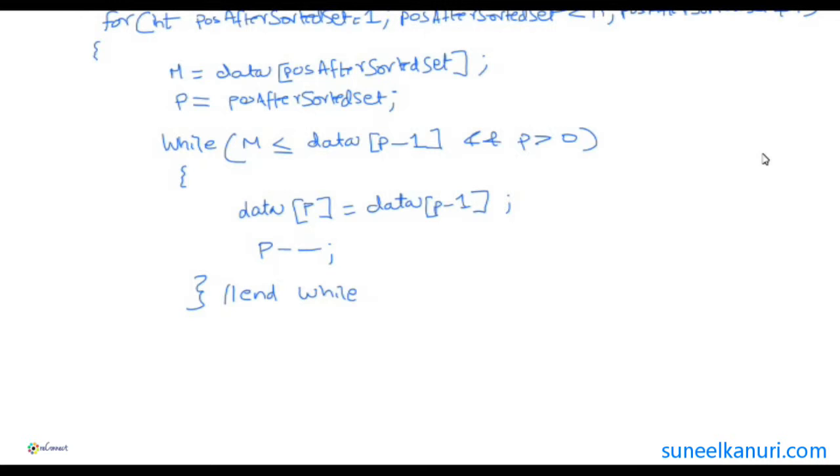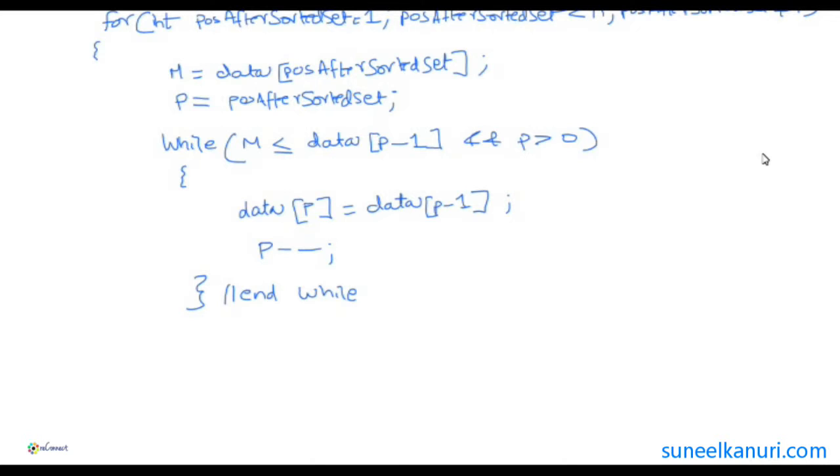So we keep moving more and more towards the starting of our data set. Basically we're shifting the elements to the right and we keep searching on the left if there is any other element which is smaller than m. And when we exit this loop, it's either because we found an element smaller than m or because we reached the starting of the dataset. So that is the position where we want our m to be inserted.